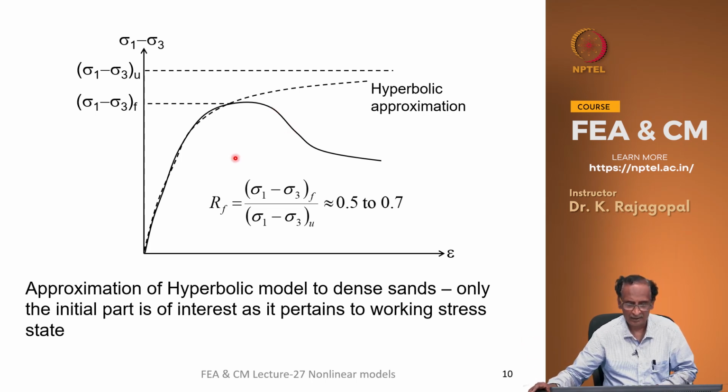In this case your failure ratio RF could be in the range of about 0.5 to 0.7, and we only represent the initial part of the stress strain behavior of the dense sands through this hyperbolic model.